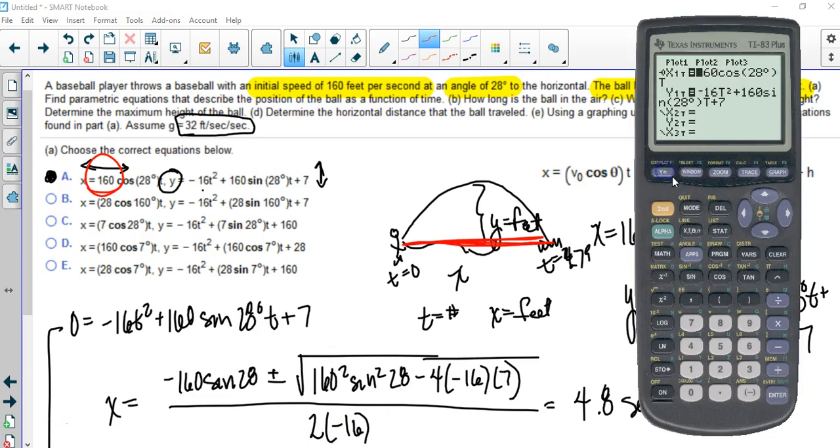Now I think I have this plugged into my calculator, so when I hit graph, I kind of got something, but it didn't look that great. And let me see if I could do trace. If I get all the way, all right, so it stopped at 3.1.